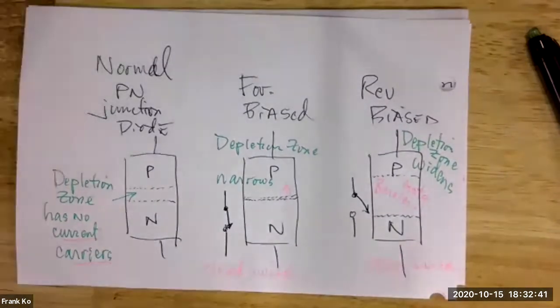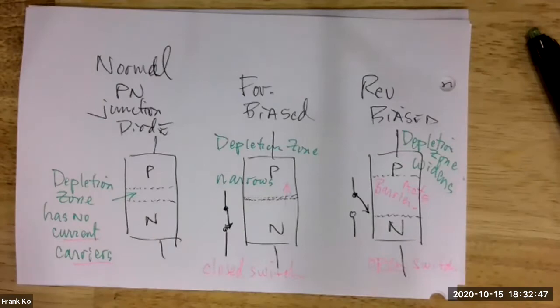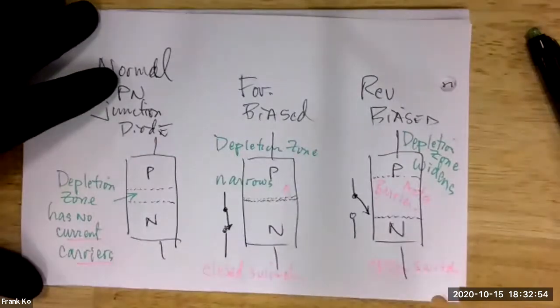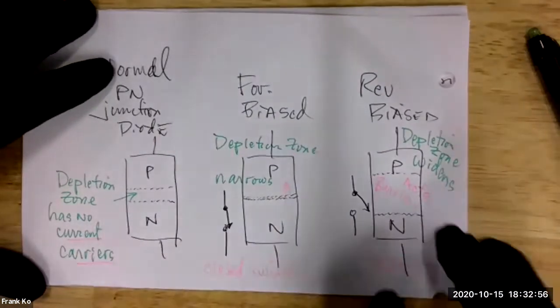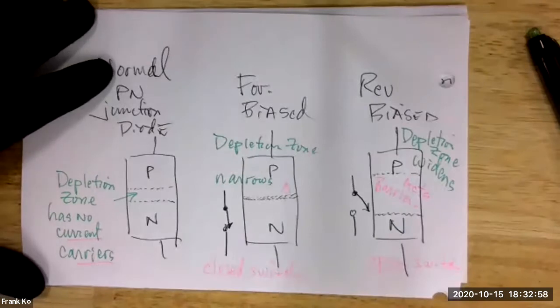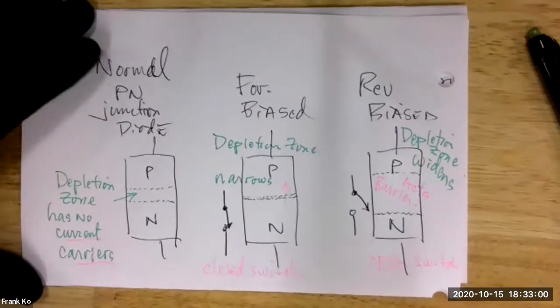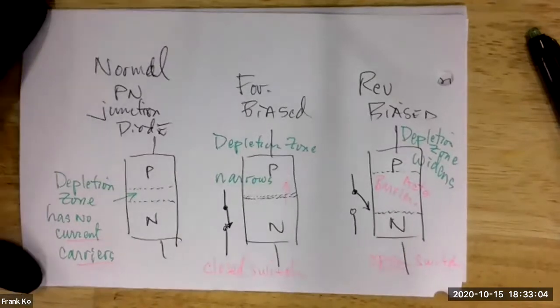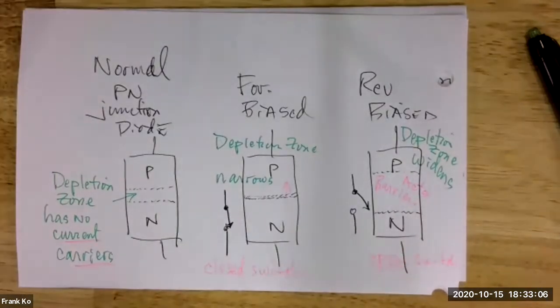So this is what happens with a diode when you forward bias and when you reverse bias. The depletion zone changes its width accordingly, and it will either facilitate current flow in forward bias, or impede current flow by virtue of reverse bias. This is what happens microscopically inside a PN junction diode. Are we good with this so far?